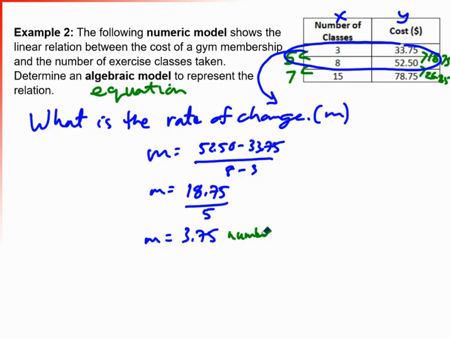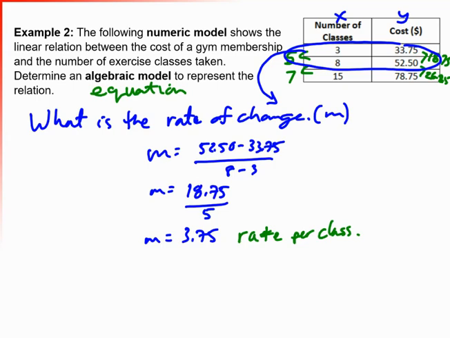The rate of change per class. All right, good. Now we know that, but we don't know what the initial value would be. So is there a way we could work backwards? Maybe.